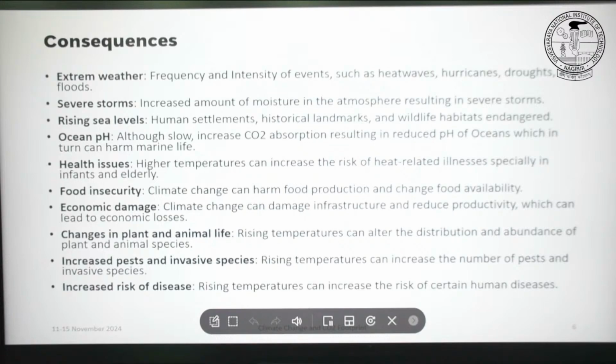As I said, we are experiencing extreme weather, severe storms, rising sea levels, ocean pH I already mentioned. Severe health issues, food insecurity, because food production is going down because of this temperature rise. A lot of economic damage, and because of this, the most vulnerable in society are elderly and young people, and also the unprivileged poor people.